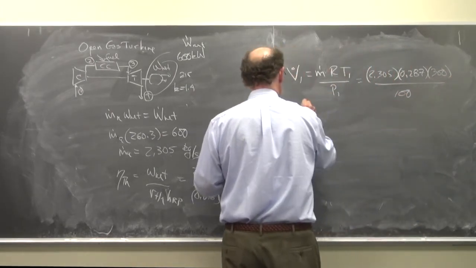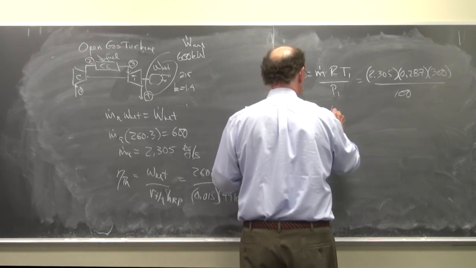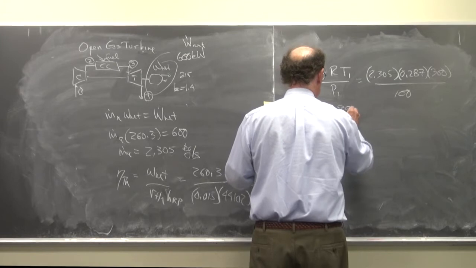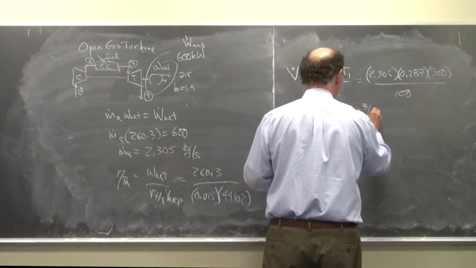I have that V dot 1 is 1.99 cubic meters per second.